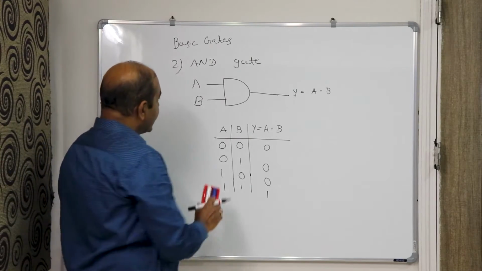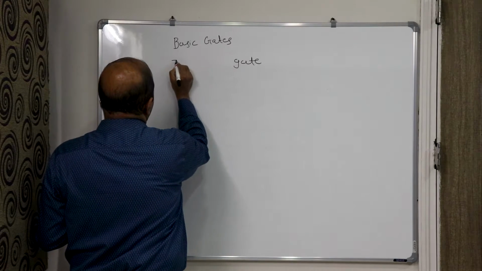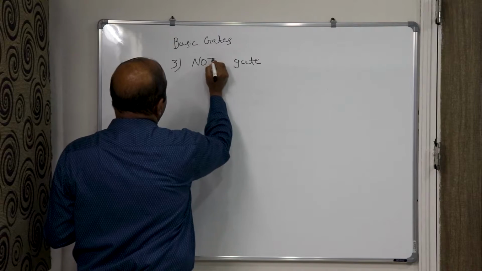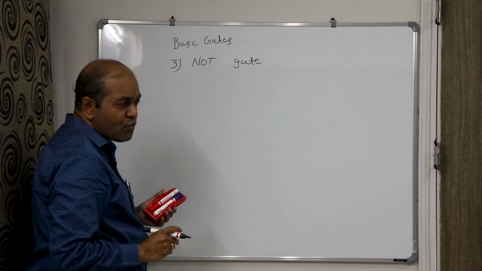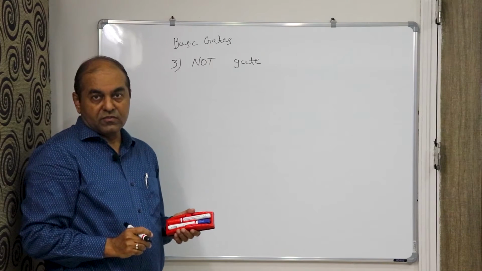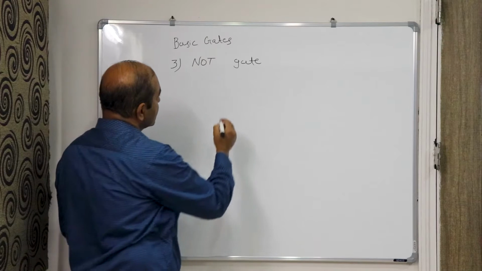That's why it is said to be the function of multiplication. Okay, now gate number 3. That is NOT gate. It is a function of inversion. There is a single input, single output.